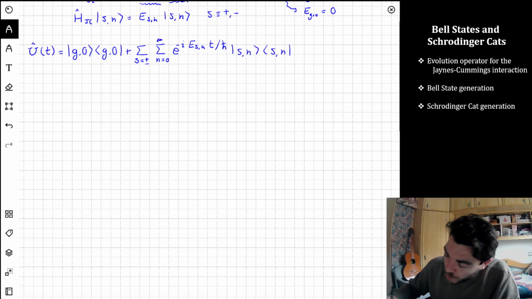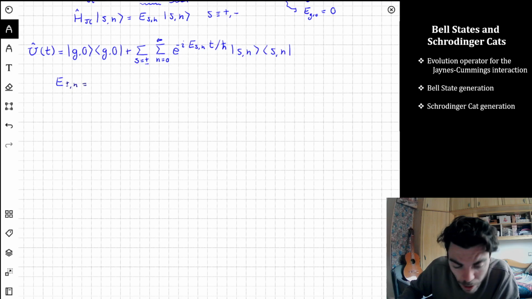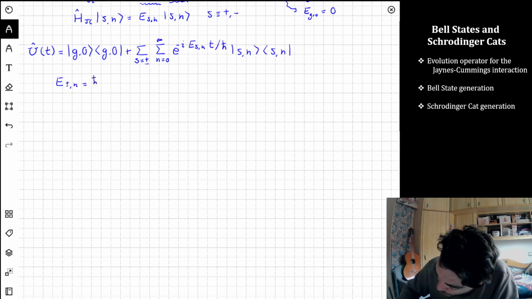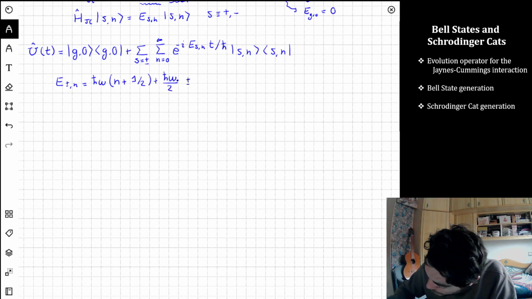And now, well, let's write it down more explicitly. So these energies E plus minus n, I remind you that they were h bar omega times n plus 1/2, plus h bar omega 0 divided by 2, plus and minus, that's the E plus minus, h bar divided by 2 times the square root of delta squared plus this capital omega n squared.